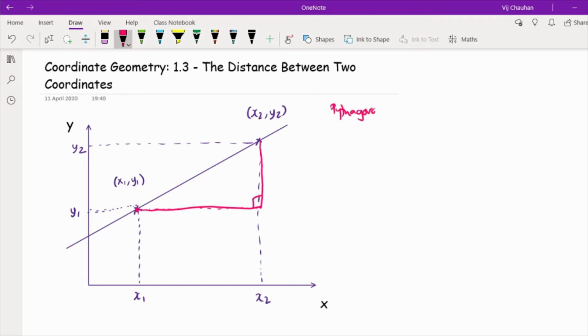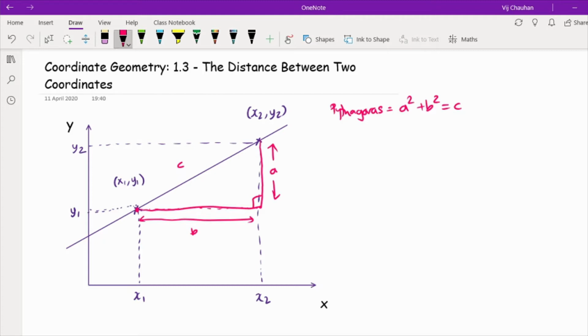Now, in terms of Pythagoras, his theorem states that a squared plus b squared equals c squared, and in this case, this is my a, this is going to be my b, and the distance between the two coordinates is going to be c.